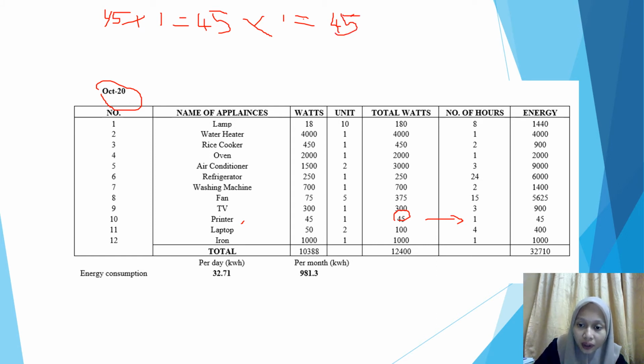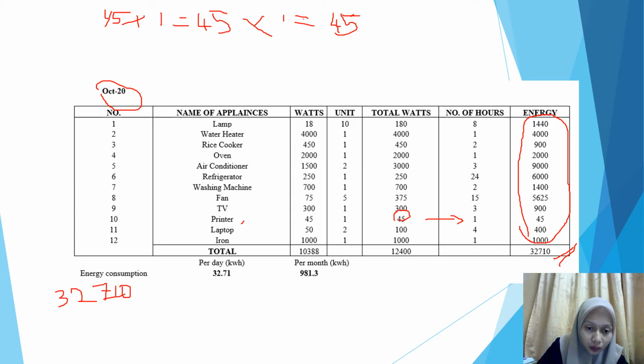So after calculating all the energy in the appliances, we get the total energy. The total energy is 13,701.